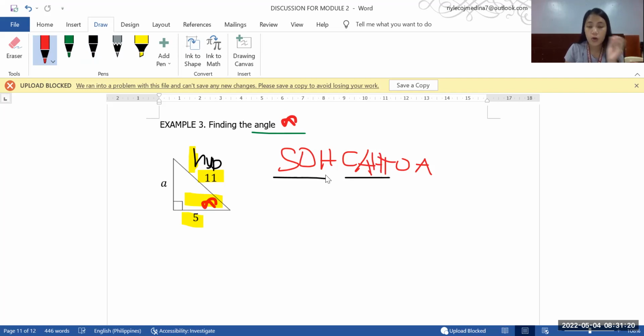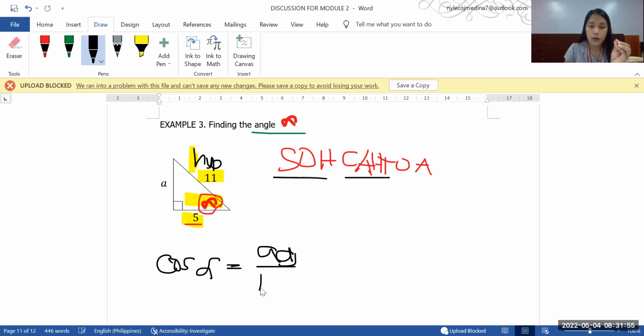It's either sine or cosine. Is 5 opposite or adjacent to the angle? Since it is beside the angle, it is adjacent. Adjacent over hypotenuse, of course, it's your cosine. Cosine alpha is equal to your adjacent over hypotenuse.